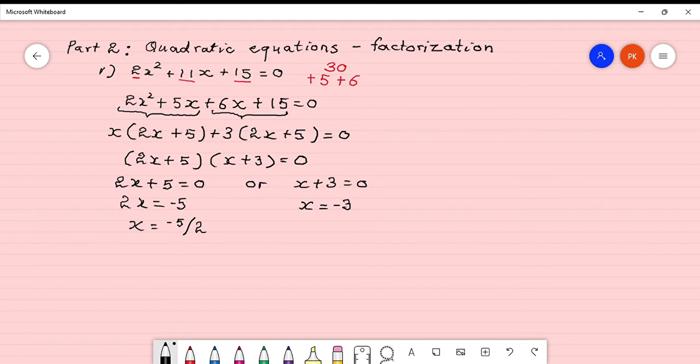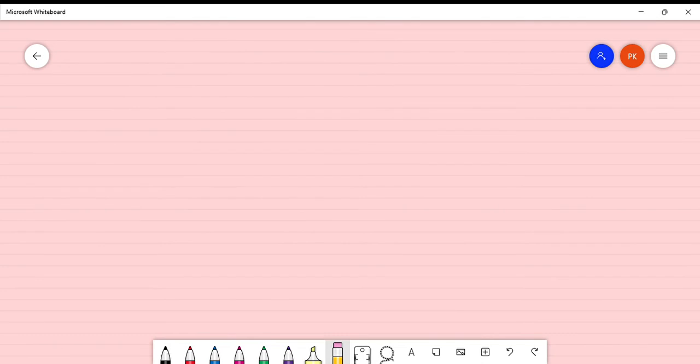Okay, so let us see one more problem. Let us come to the second problem. 3x square plus 5x minus 12 equal to 0.